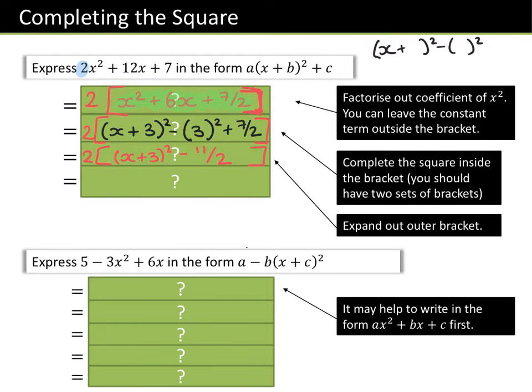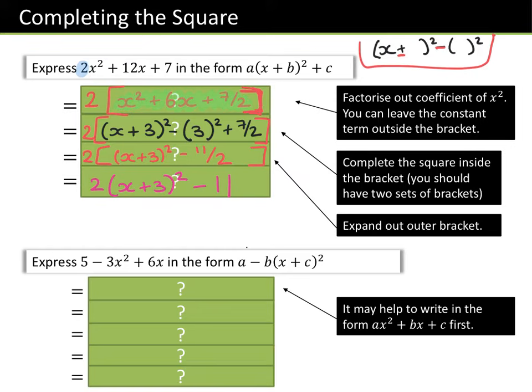Okay, so I've simplified it. So then I'm going to multiply 2 by the bracket, which is going to give me 2 bracket x plus 3 squared. And then I'm going to multiply 2 by minus 11 over 2, which is just minus 11. So that is the actual answer.